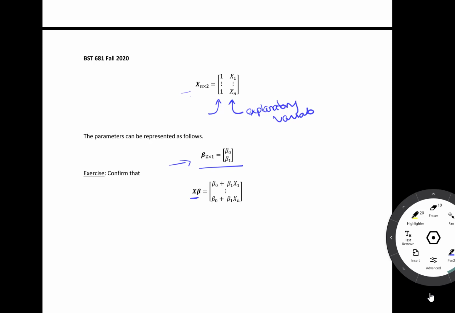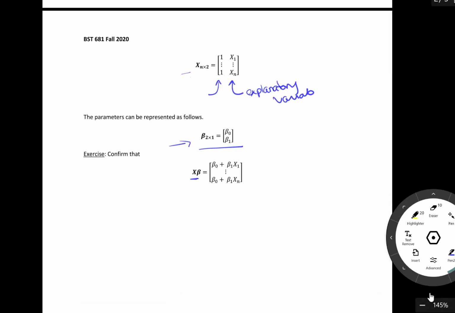And so let's actually confirm that and see if that is true. First of all, notice since X is an n by 2 and beta is a 2 by 1, using what we learned about matrix algebra previously, we know we can multiply these together because the inner two numbers match, and we know the resulting matrix will be an n by 1 matrix.